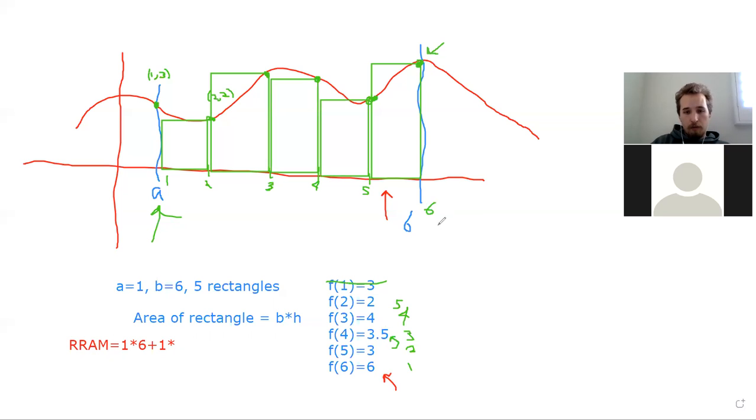Based on these points, because this is our 6. And so this point is 6, 6. And this point, because f of 5 is 3, so at 5, we get 3. So we get 5, 3. Make sense?